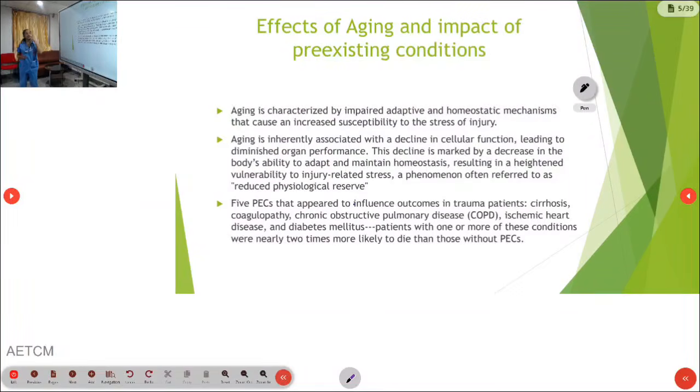So, the effect of aging and its impact on pre-existing conditions. Aging is characterized by impaired adaptive and homeostasis mechanisms that cause an increased susceptibility to the stress of an injury.